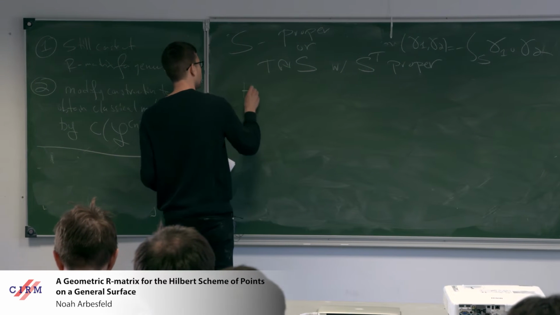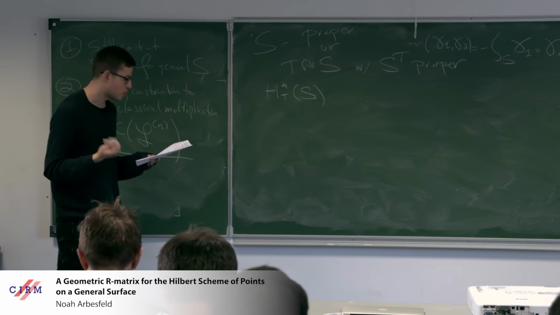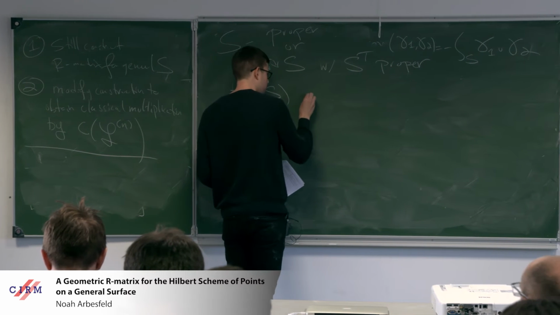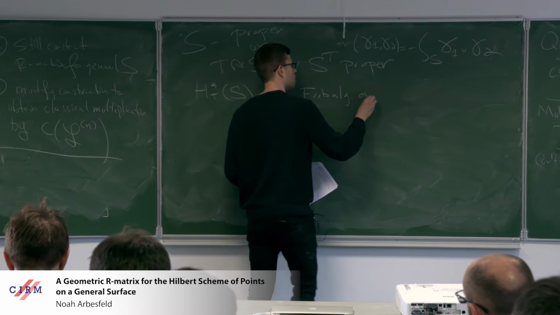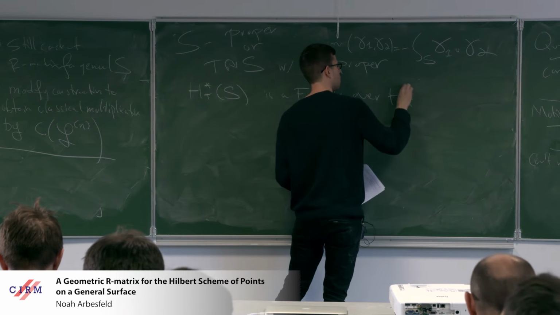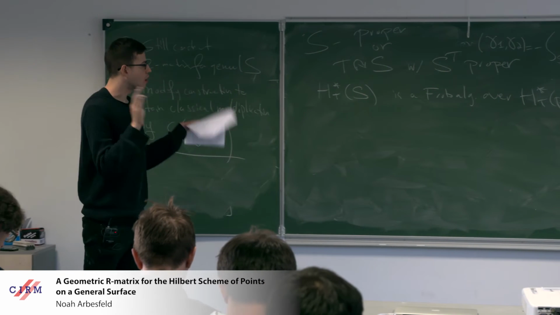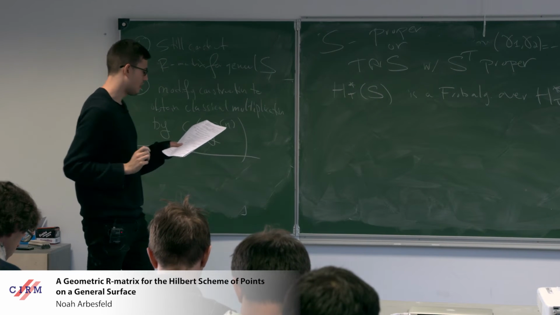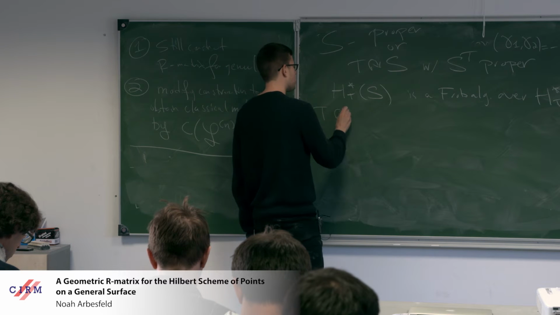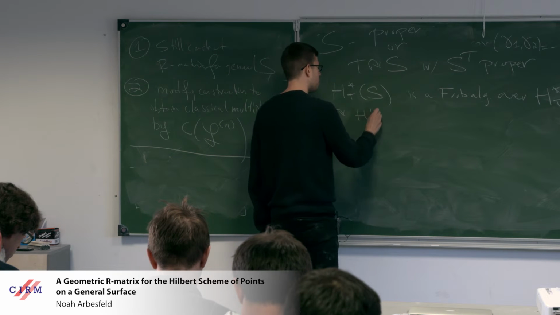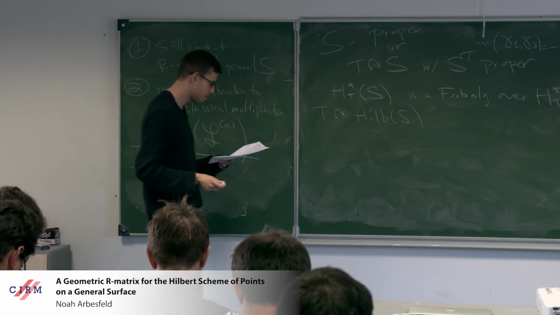Okay, and then the equivariant cohomology ring has the structure of a Frobenius algebra over equivariant cohomology of a point. So I'll drop all equivariance now and just assume everything's equivariant. In particular, if the torus acts on the surface with proper fixed locus, then the same is true for the Hilbert scheme.